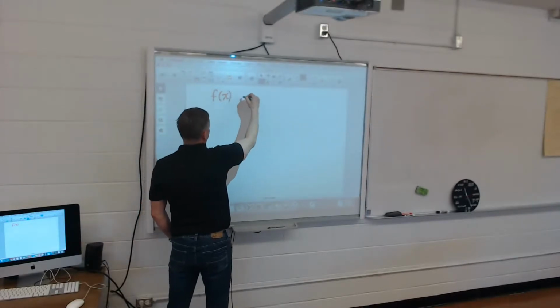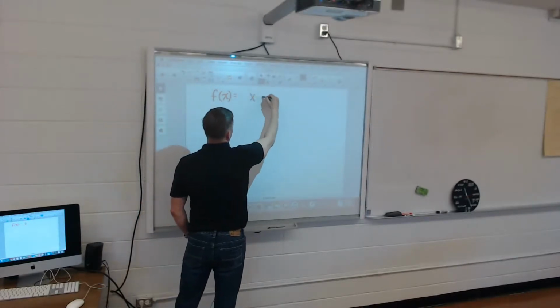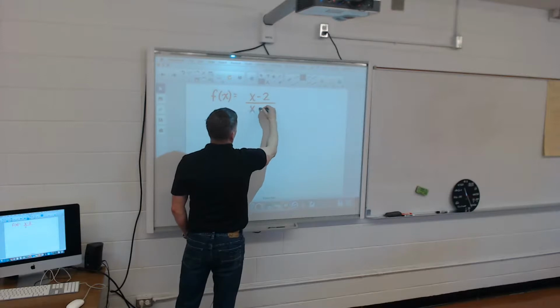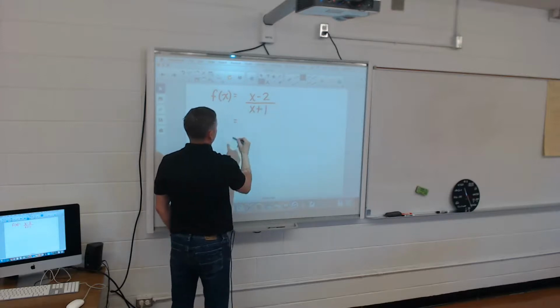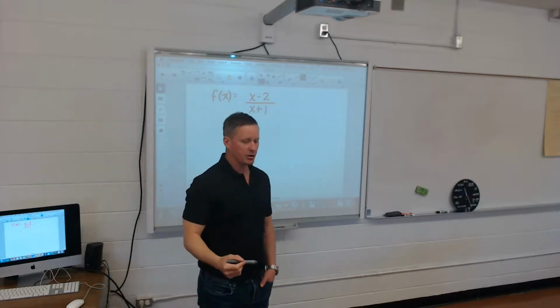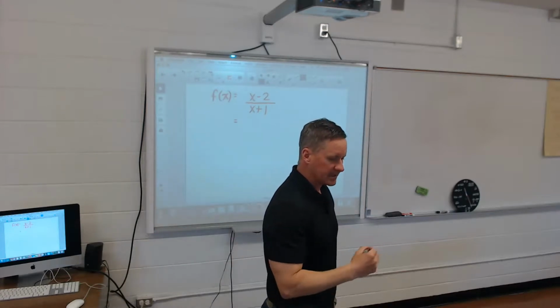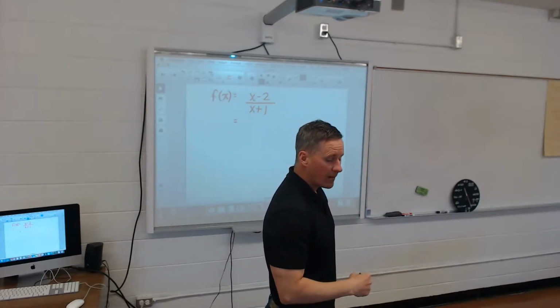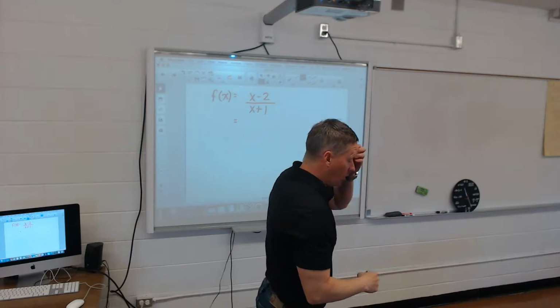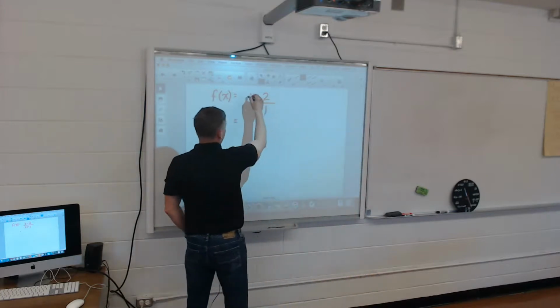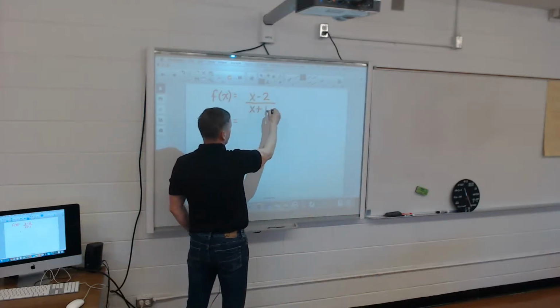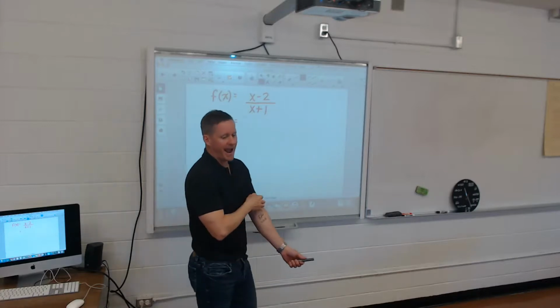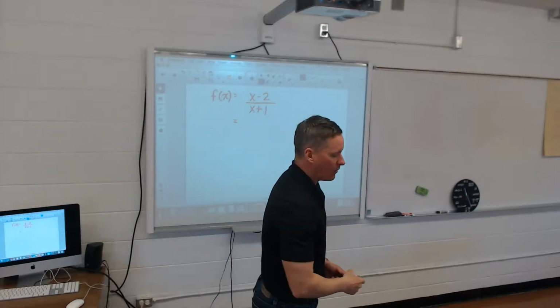Okay. So this is what happened last week. What I need to do is I need to add and subtract something to this so that I can cancel out with the denominator on the bottom. So basically what I do is whatever this coefficient is times this is what I'm going to add to it. That's how that works.